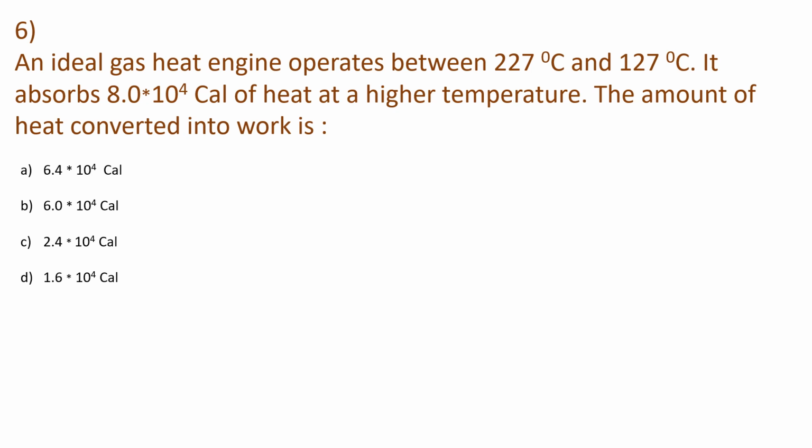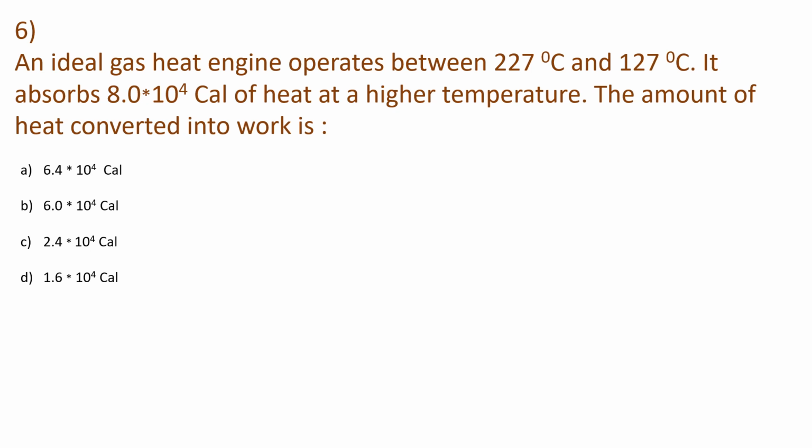What will be the work done? The options are 6.4 into 10 to the power 4 calorie, 6 into 10 to the power 4 calorie, 2.4 into 10 to the power 4 calorie, or 1.6 into 10 to the power 4 calorie.